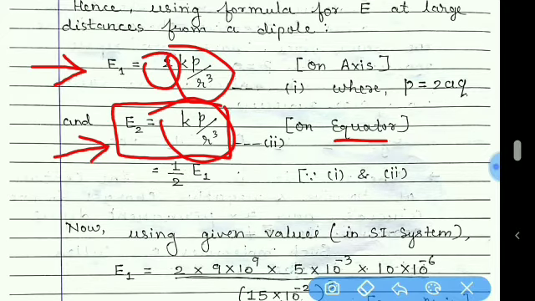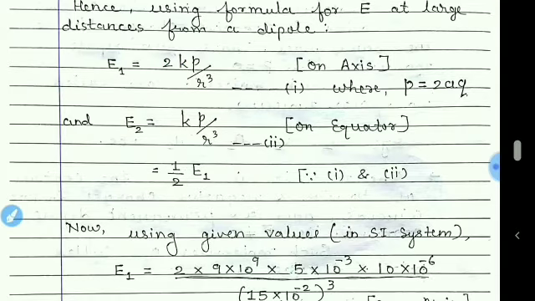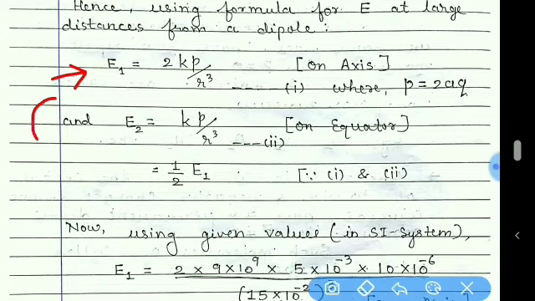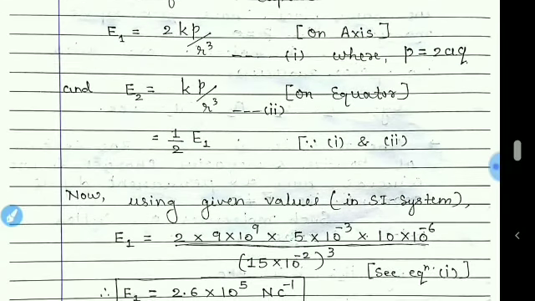So once we are able to obtain the electric field on the axis, then simply we have to take half of the electric field on the axis and we'll get the electric field on the equator. So first we will find the electric field on the axis.